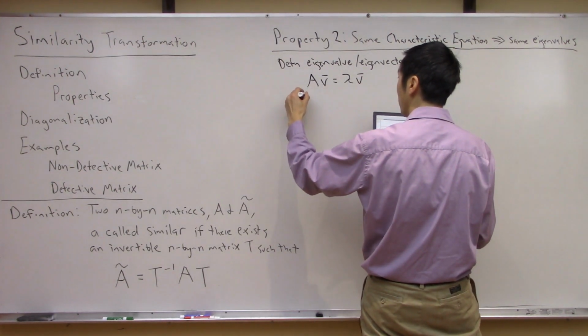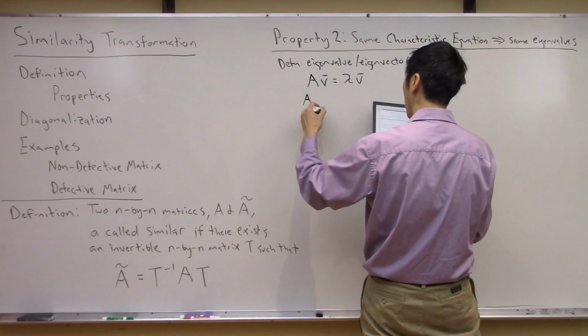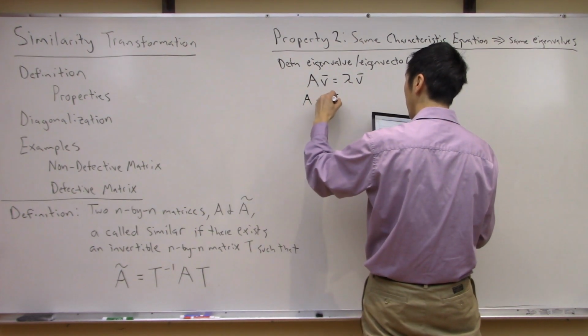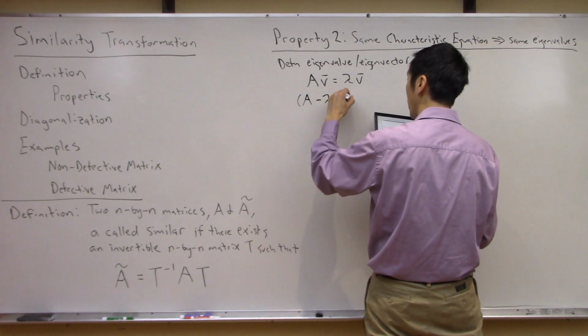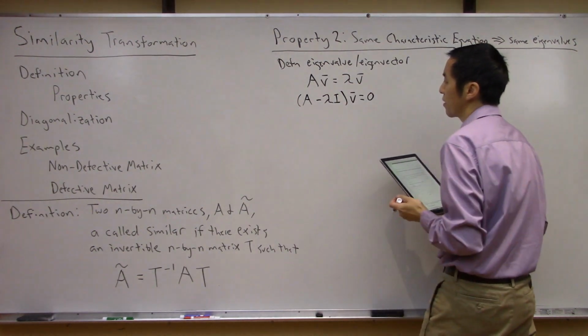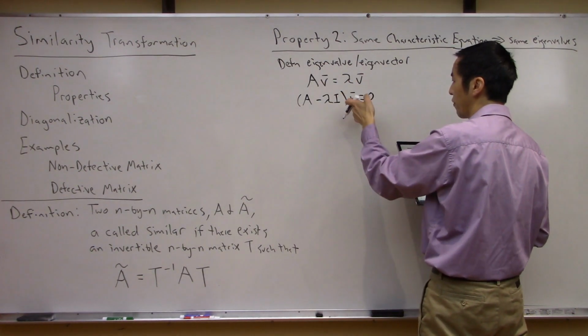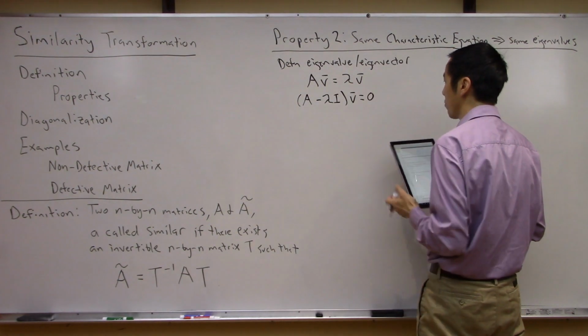I can rewrite this as A minus lambda times the identity matrix, times V, is equal to 0. That's the exact same thing: basically move it to the other side and factor out the V.